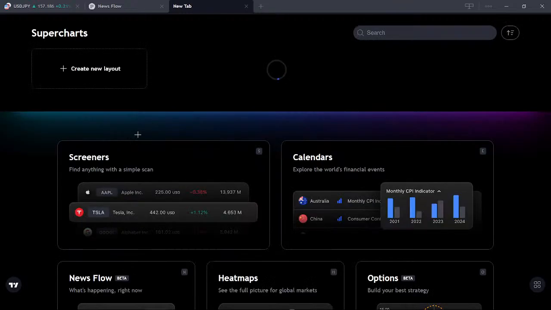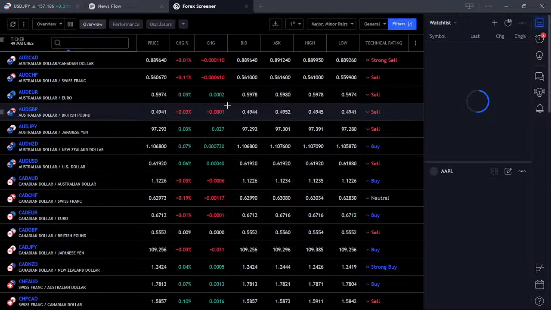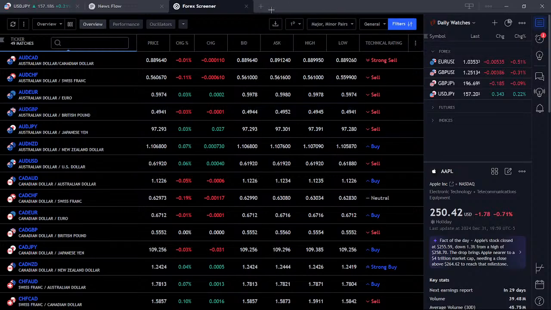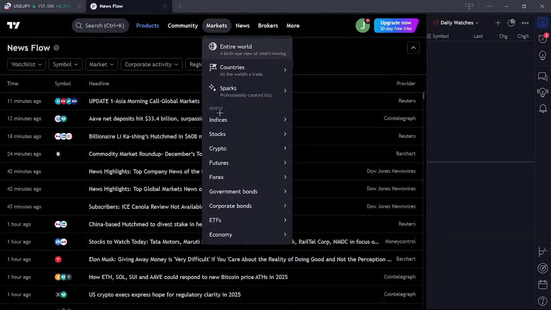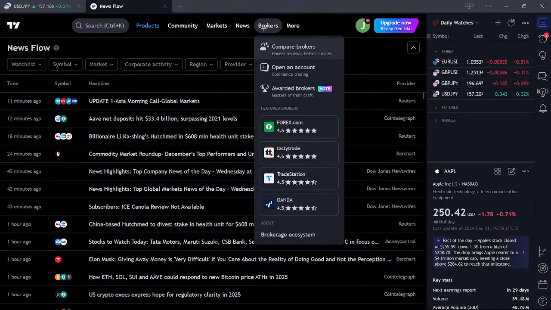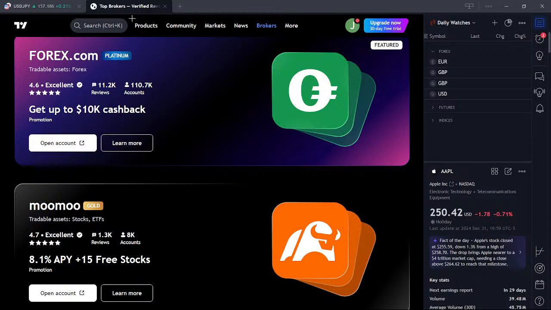Let me check the screen. Yeah, brokers. Okay, compare brokers. So right now they're saying Forex.com is the best right now, but I'm not too sure.